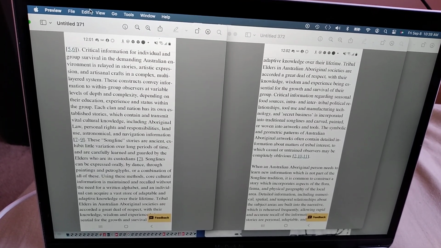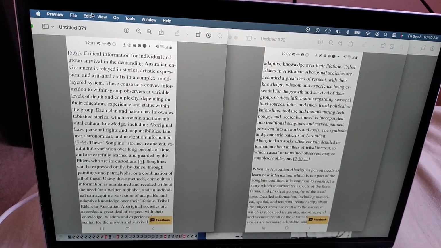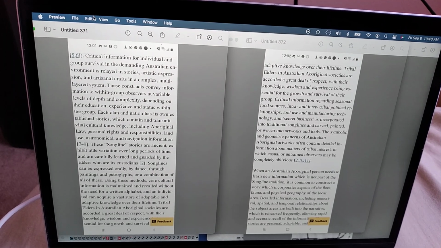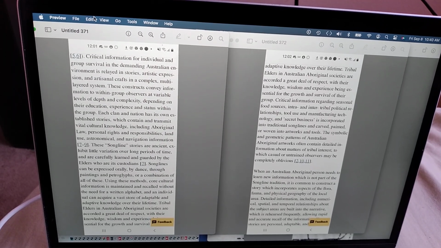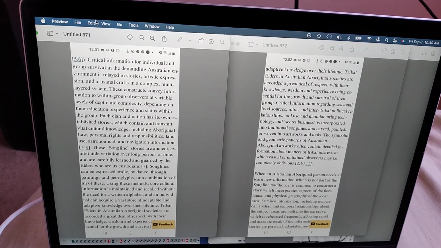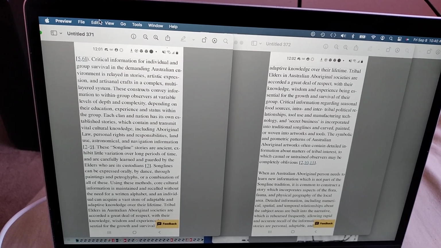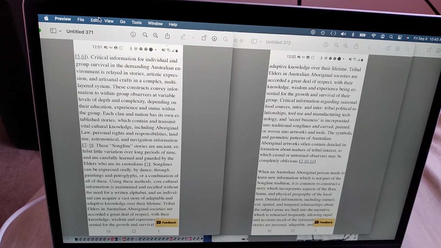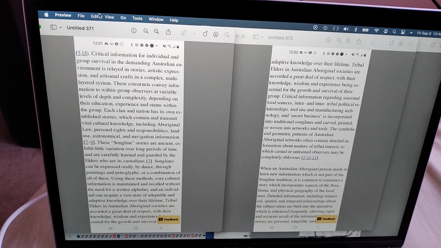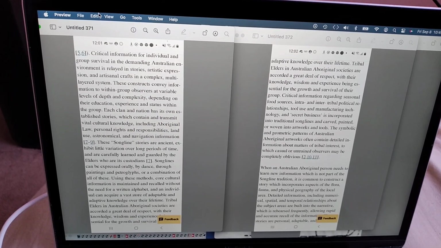These constructs convey information to within-group observers at variable levels of depth and complexity depending on their education, experience, and status within the group. So that's why modern white people can't understand any ancient mythology, because they have zero level of education in it. You need the insider key to decode this stuff.